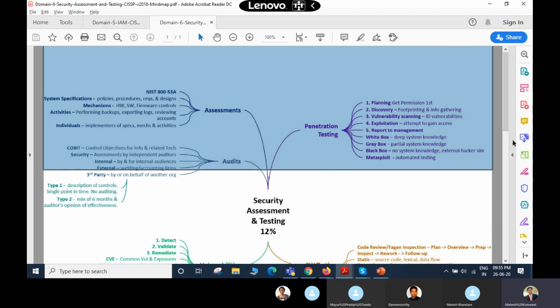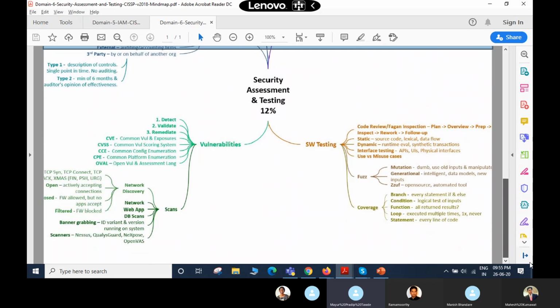Then we talked about vulnerabilities. As a red team, you need to find the different vulnerabilities in networks, servers, cloud, and hosts, and as a blue team, you need to understand the different offensive and defensive techniques.